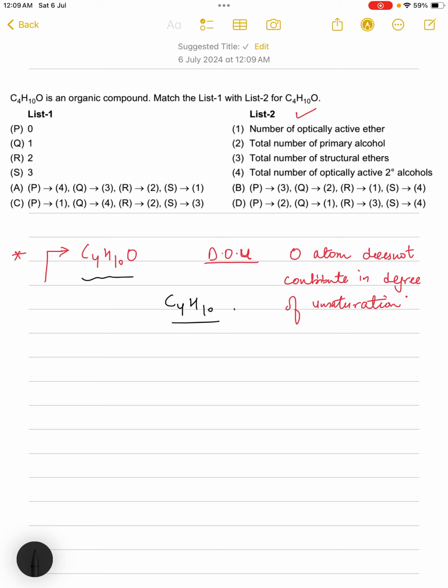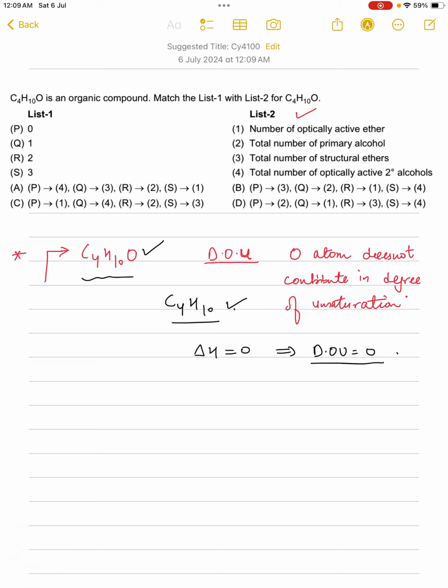So if we compare the number of hydrogen atoms in this alkane, butane, C4H10, and C4H10O, they are the same. That means delta H, the change in the number of hydrogens, is 0. If delta H is 0, it implies the degree of unsaturation is 0.